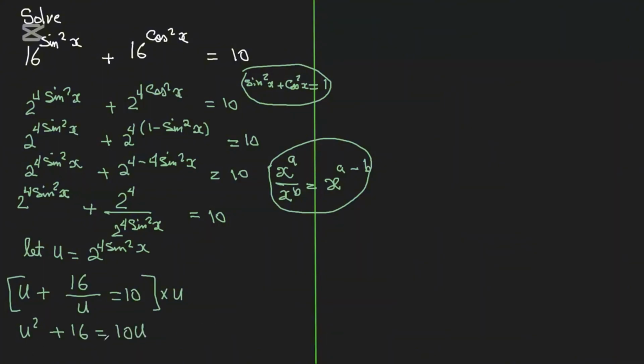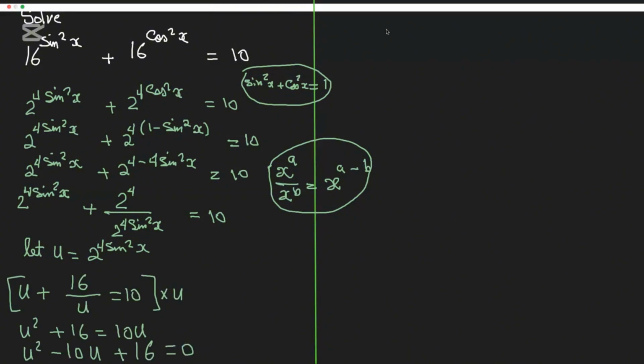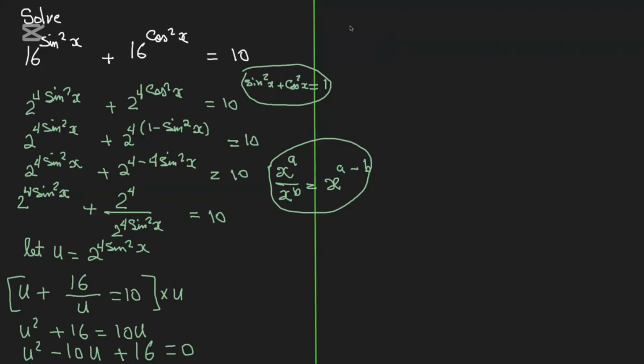I'm going to move everything to one side, equate it to 0. So this will be u squared minus 10u plus 16 equals 0. And I will now take this here to the top right here. So again, we had u squared minus 10u plus 16 equals 0.